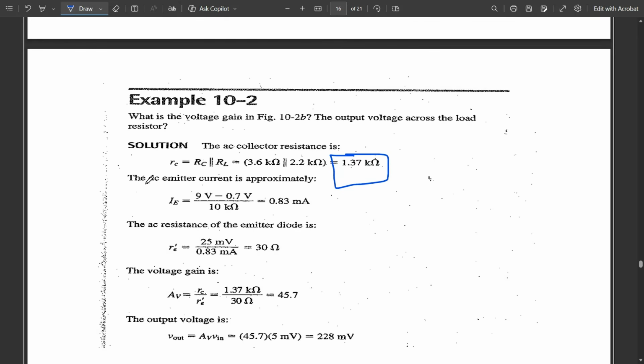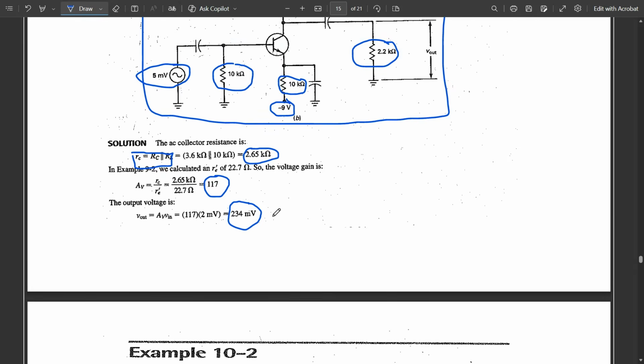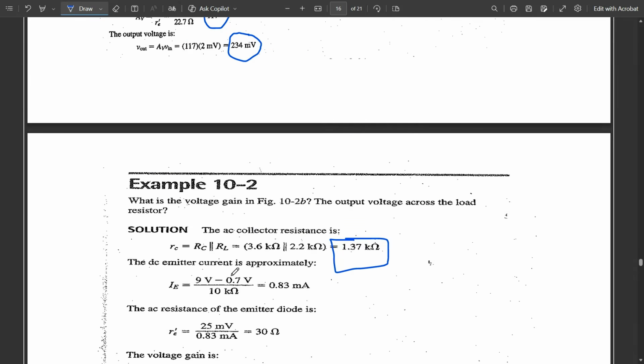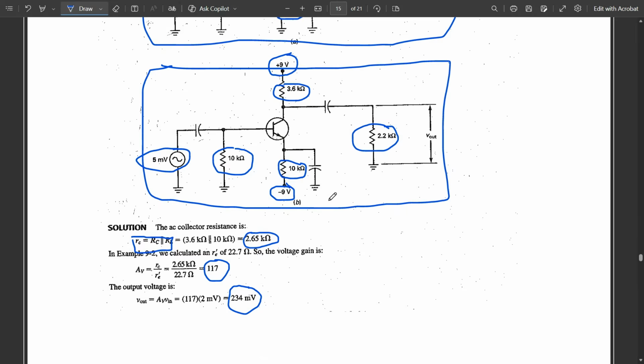Now DC emitter current is approximately IE is equal to VE, that is 9 volt. In this case, they have given 9 volt because this is the VCC value, minus the VBE value, that is 0.7 volt, divided by 10 kilo ohm. What is 10 kilo ohm?